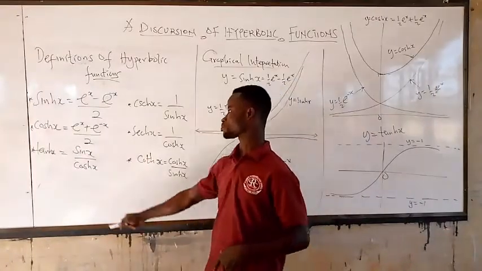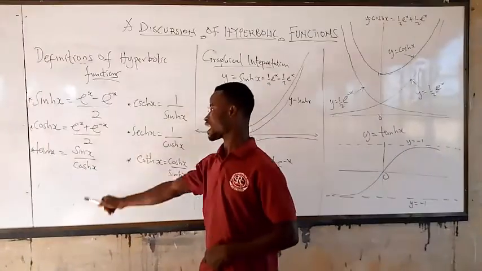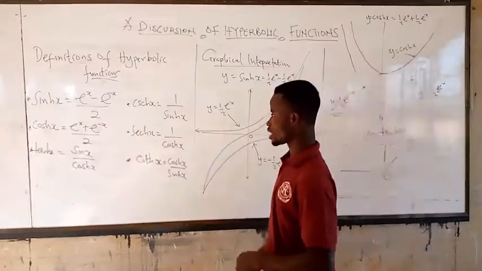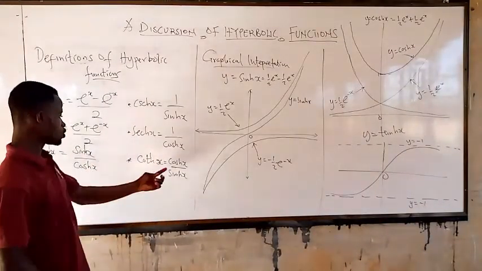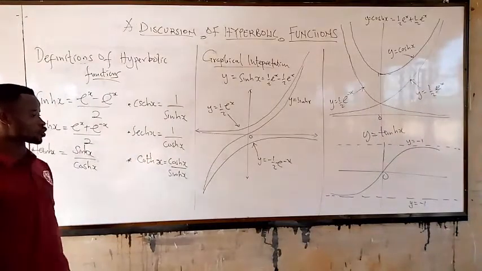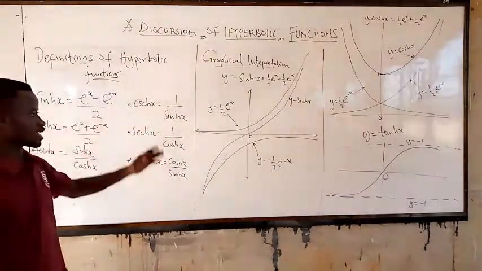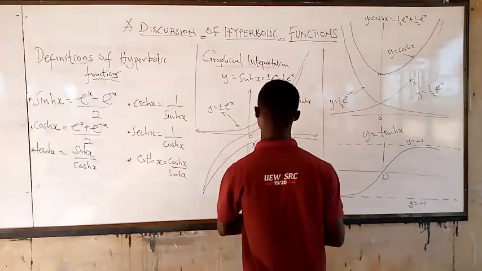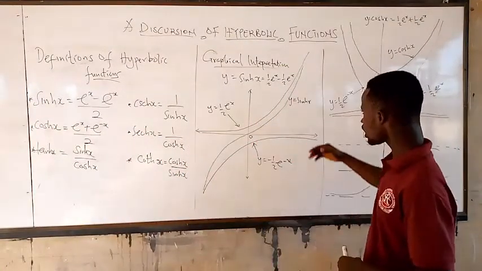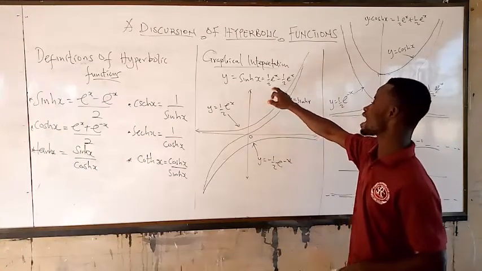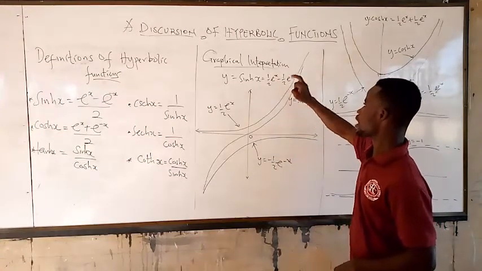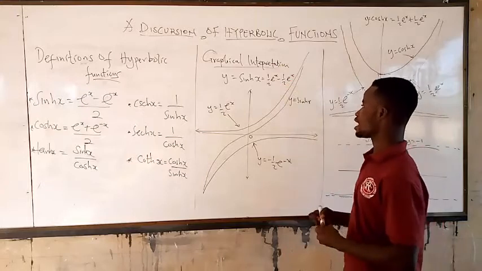We know that tangent is the same as sine x over cosine x. So the reciprocal of it will be cosine x over sine x, and that is what we have here. Now let's see the graphical interpretation. We know that sinh x is half e to the x minus half e to the negative x.